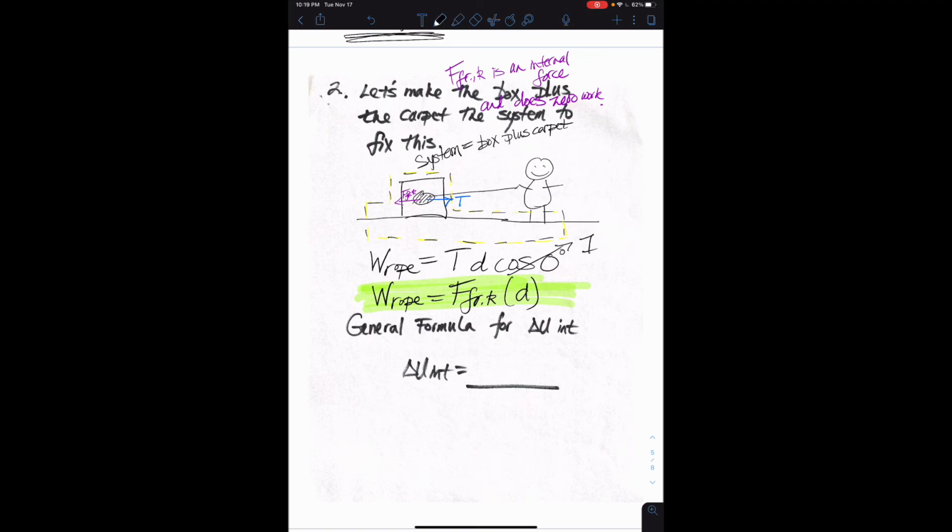So we're going to call it either delta U internal, which means potential energy internal, right? So INT means internal, which I guess would be internal to the system, right? It's shared between the carpet and the box, but we don't know where it is in the system. All right. Or we call it delta E thermal.